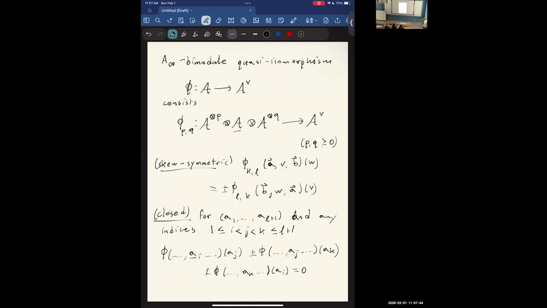And then the last condition is homological non-degeneracy.